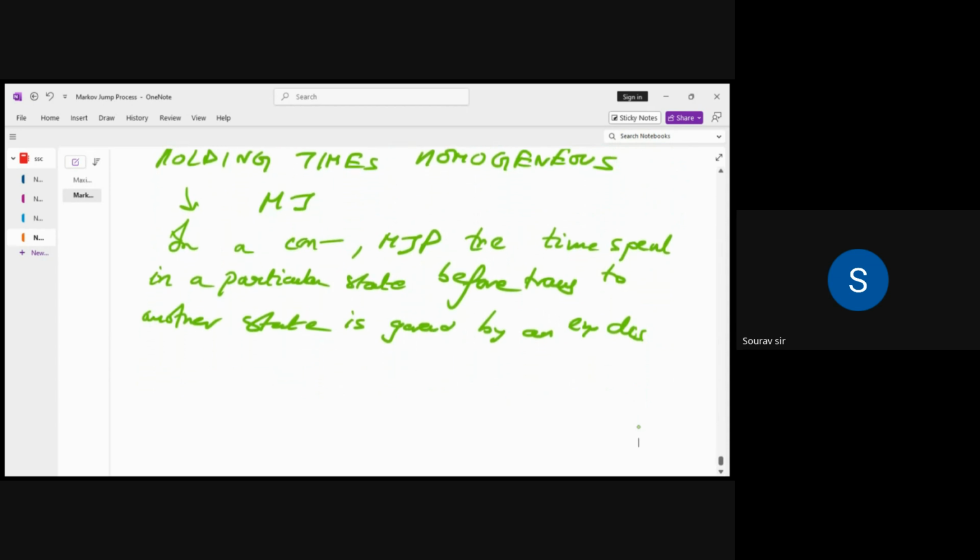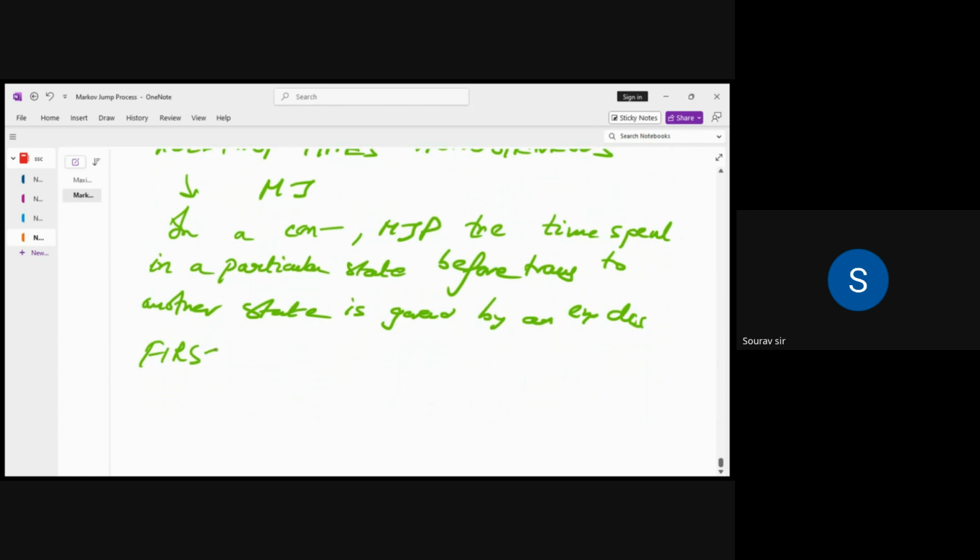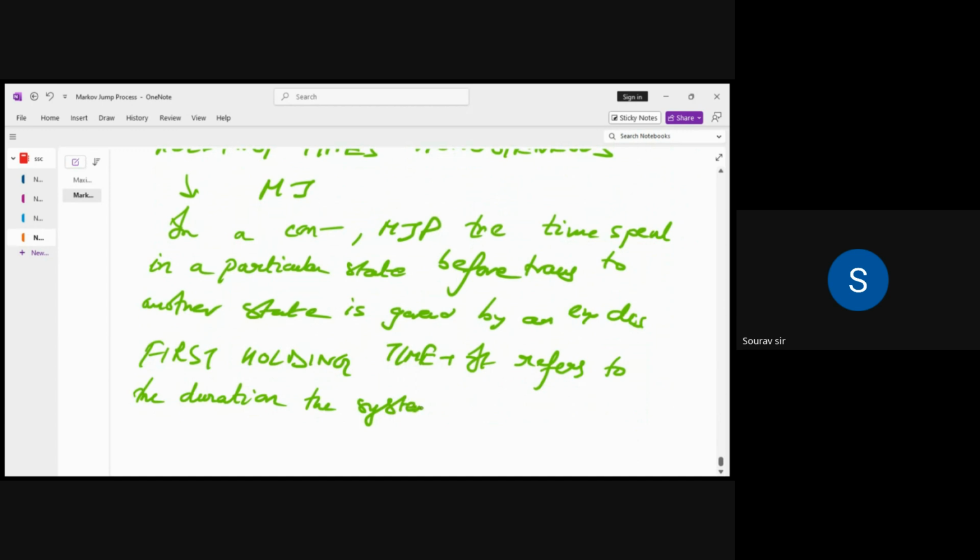Okay. So the first holding time refers to what? It refers to the duration the system remains in its initial state before making its first transition.